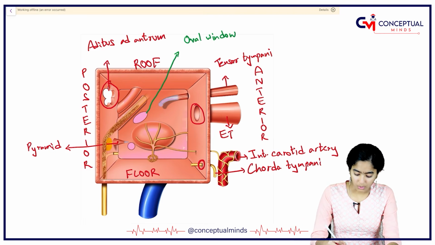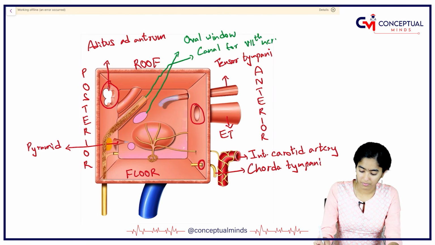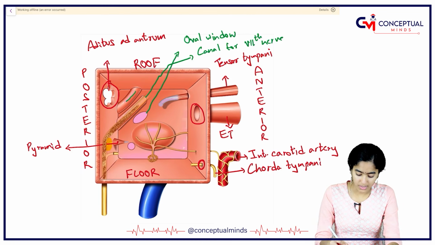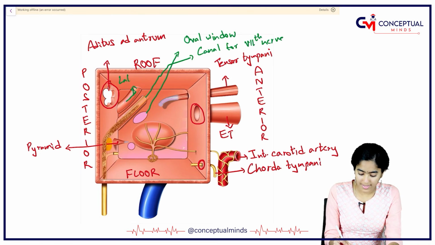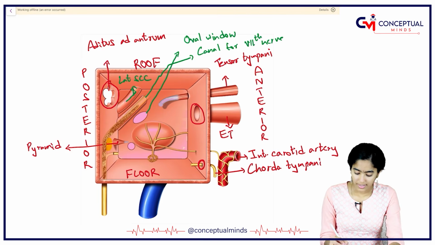Above the oval window, this is the canal for facial nerve. And above that, this part that you are seeing is a bulge of the lateral semicircular canal. This is the round window.